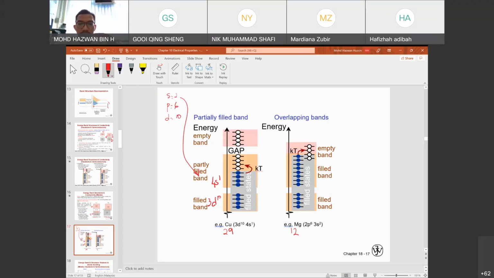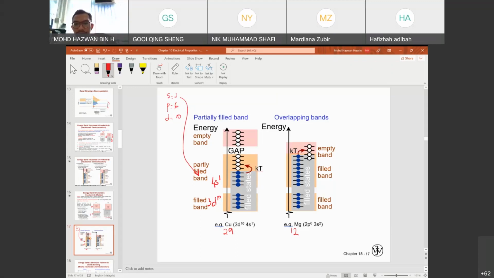Obviously the valence electron is 4s1. It is partially filled, not completely filled. The D orbital is fully filled, so that is why it is located below.